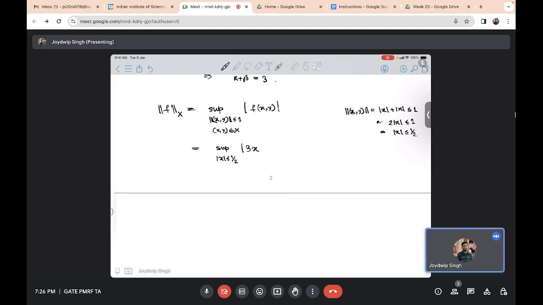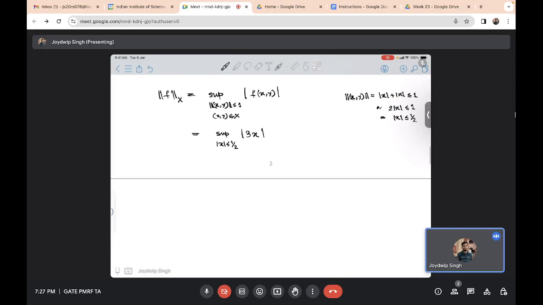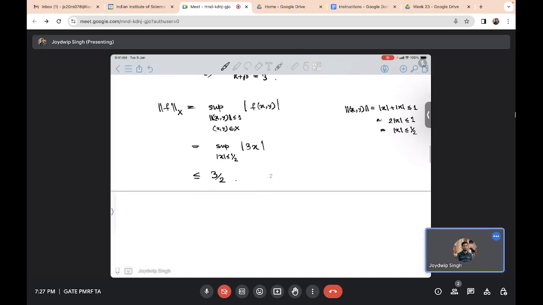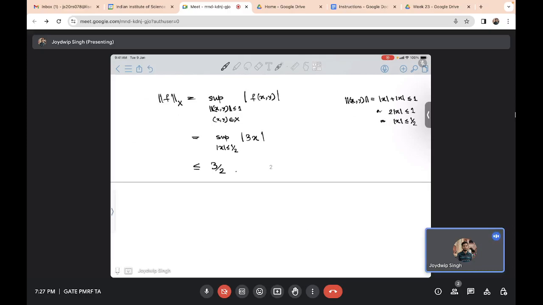and this is 3x. So this is less than 3 times mod x, which is less than 3 by 2, because mod x is less than half. So you get the norm of F is less than or equal to 3 by 2, but we need it exactly. So let's find a point for which the norm will be attained. Let's take the point half comma half.